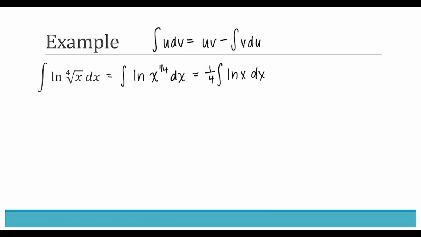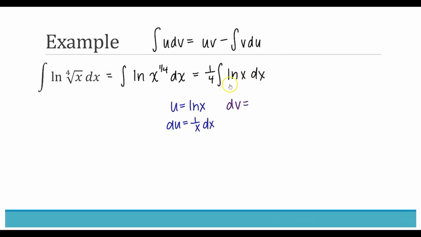Now I'll go ahead and let u be the natural log of x. Du is 1 over x dx. And I don't have a 1 over x dx, so this is not going to be u substitution, it is going to be integration by parts. So my dv is actually just going to be 1.